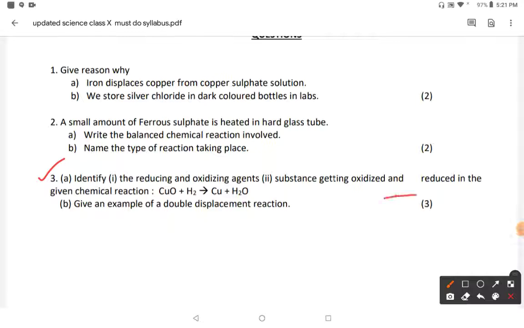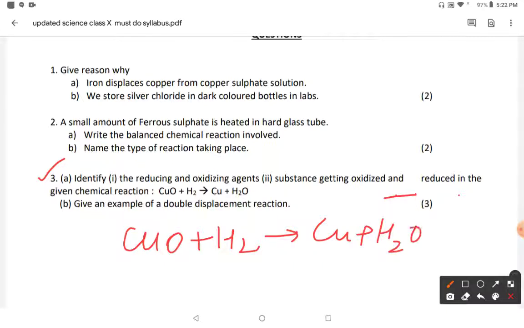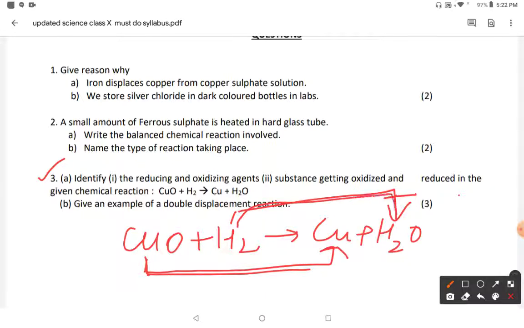Which substance gets oxidized and which substance gets reduced in this? So copper oxide plus H2 converted into copper plus H2O. It was previously done in the paragraph. Copper oxide is the substance which gets reduced, and hydrogen is the substance which gets oxidized. The one which gets reduced is called the oxidizing agent, the one which gets oxidized is called the reducing agent.